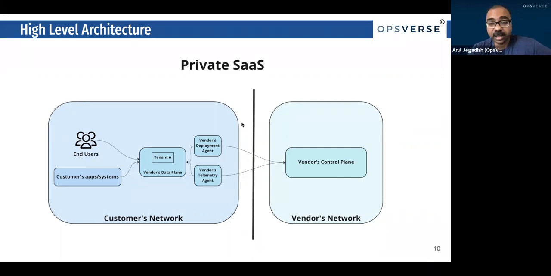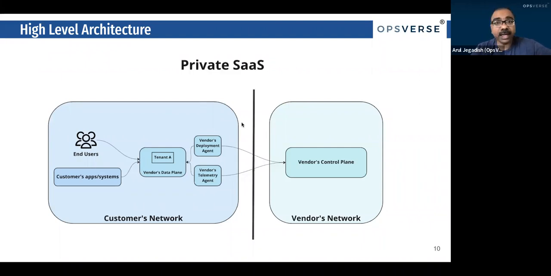Interestingly, and to our surprise, we also see customers from other sectors showing interest, where they don't want to send any of their customer specific data outside their network. Also, customers who want to deploy their infrastructure in different regions. We have a customer who has infrastructure in the US, Singapore, and EU, and they want to ensure their telemetry data and DevOps tools also live within those regions only. In those cases, we see a lot of takers for private SaaS.